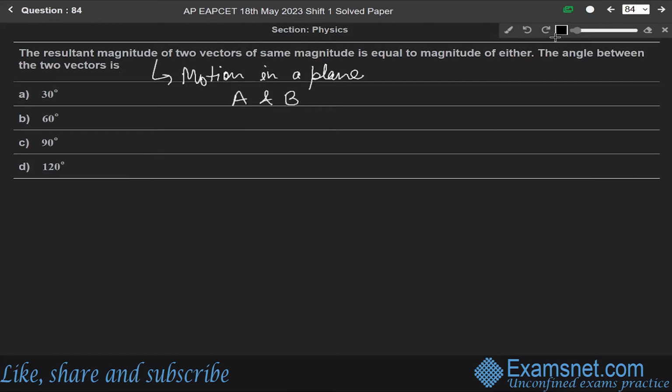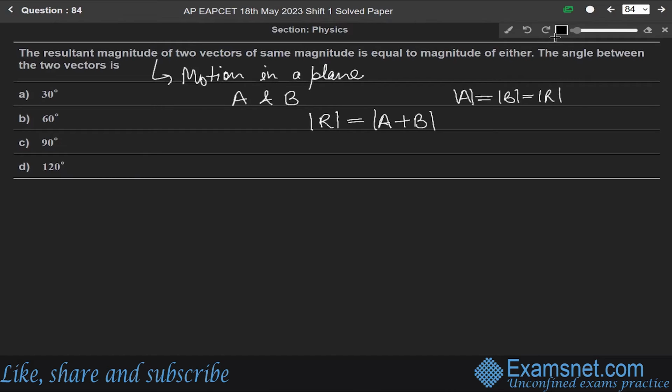And according to the question, their resultant is equal. So let us say R is the resultant of the two vectors. So the modulus of A plus B equals modulus of R, meaning their resultant vector. So according to the question, A equals B equals R. Okay.